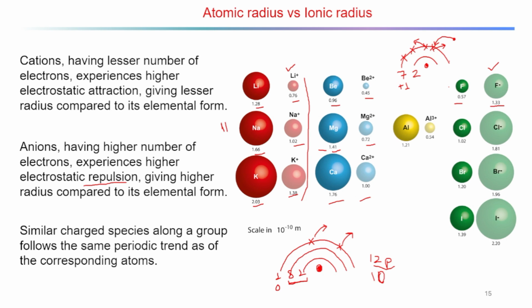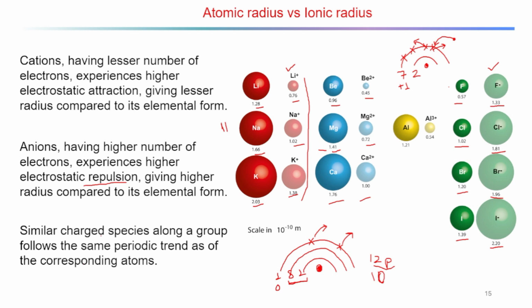Those electrons are trying to go away from each other, and because of that, the shell is expanding, and we are getting a higher value of ionic radius or anionic radius compared to the elemental form. You can see even in case of bromine, in the elemental form it was 120 picometer, but in the bromide form it is 196 picometer. And you can see the expansion of iodine as well, from 139 picometer to 220 picometer.